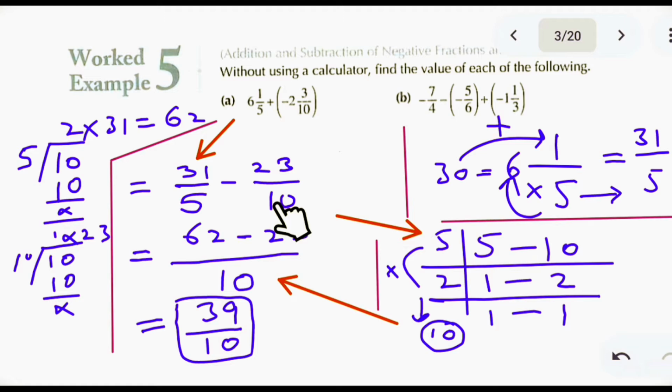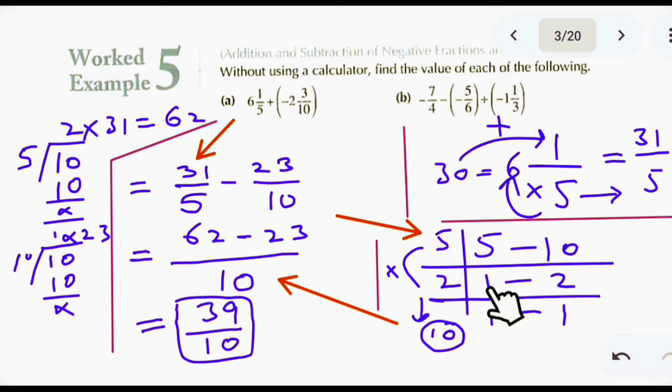After conversion of the mixed fraction into a simple fraction, the next step is to find the LCM of the denominators of the two fractions. Like here are the two numbers 5 and 10. So 5 and 10 will be divided on the same table, like 5 and 10 are multiples of 5. So 5 ones are 5 and 5 twos are 10.